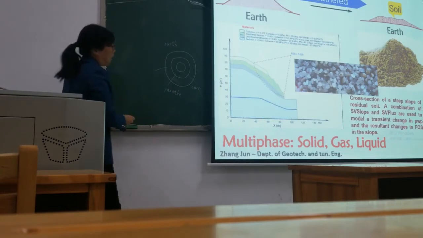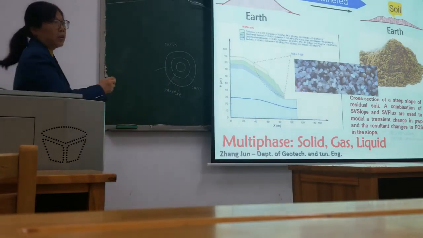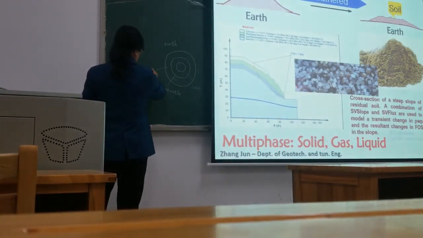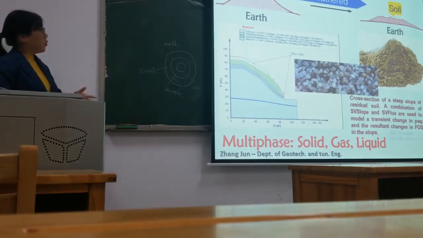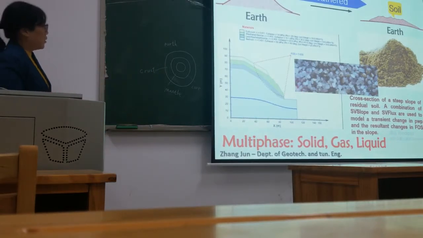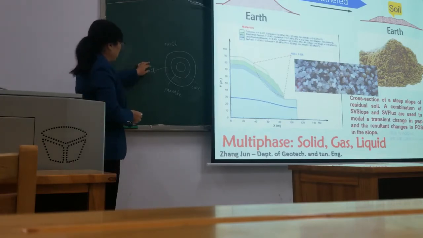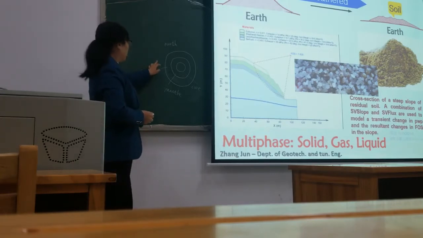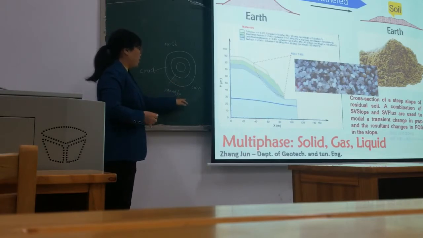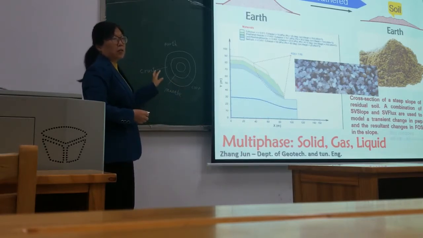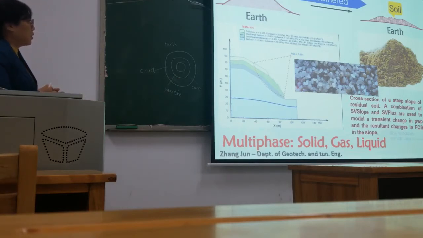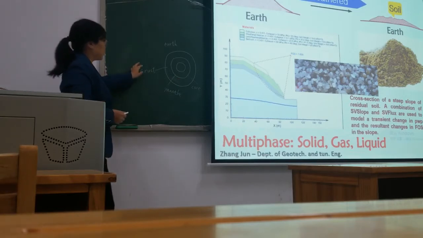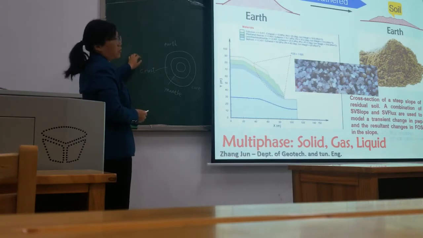And the outer maybe crust. Okay. And rock is the combination of crust and the upper mantle. Okay. So the earth is composed of rock.